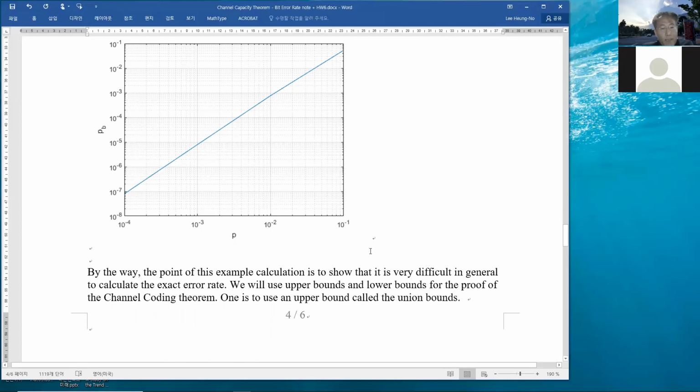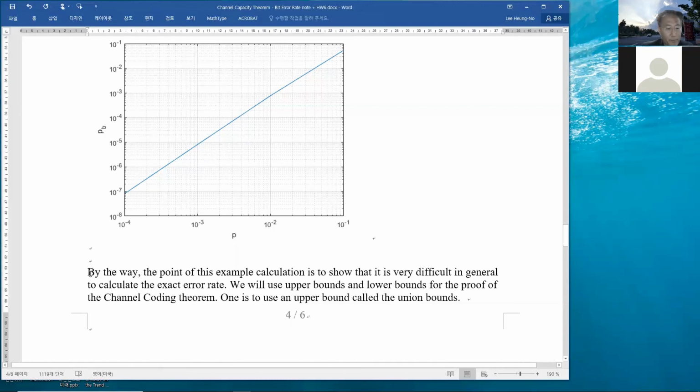And if we increase the block length to infinity, this channel coding benefit approaches the so-called channel coding limit, the rate limit. That limit is nothing but the capacity of the channel.